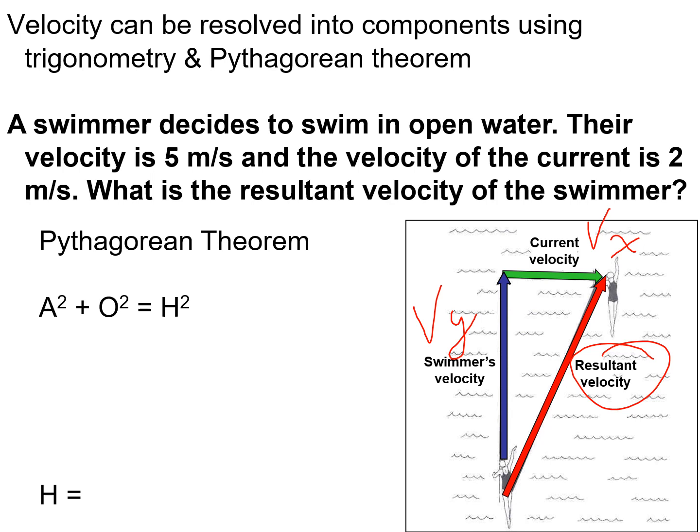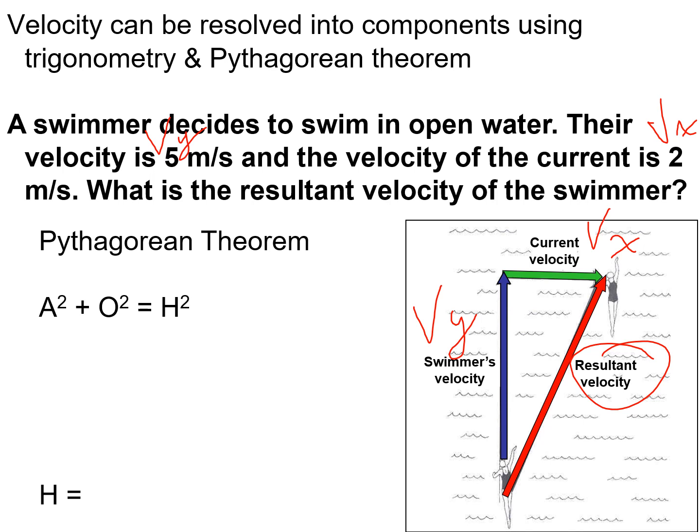So a swimmer decides to swim in open water. Their velocity is 5 meters per second. And the velocity of the current is, once again, this is going to be our horizontal component. This is our vertical component. The velocity of the current is 2 meters per second. We want to determine the resultant velocity of the swimmer.